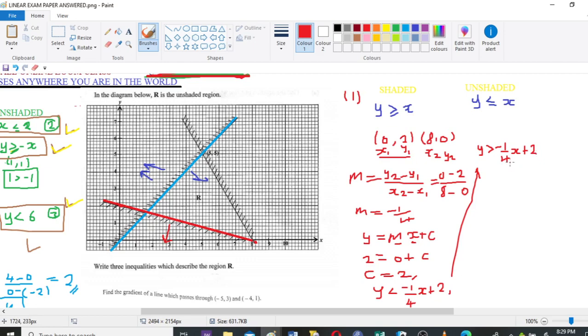So this is the unshaded region. So this is our second one. That was our first, and this is our second one.